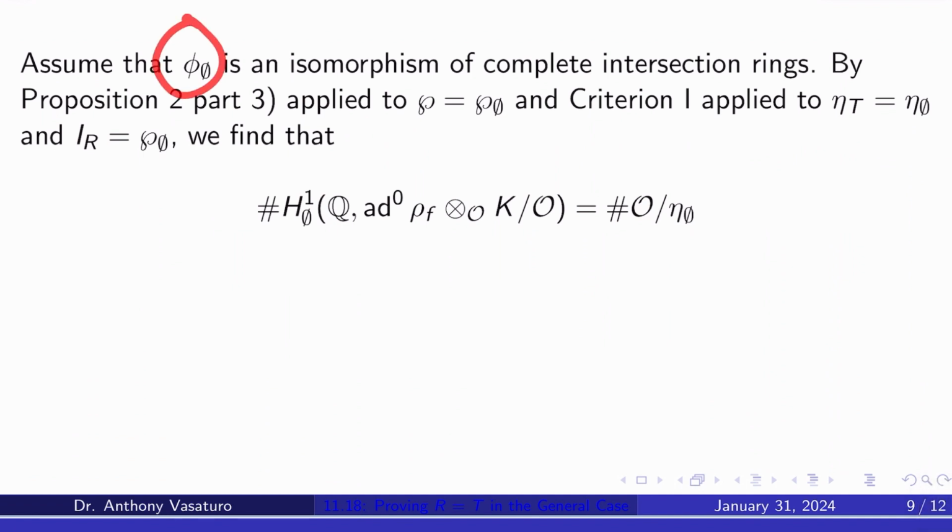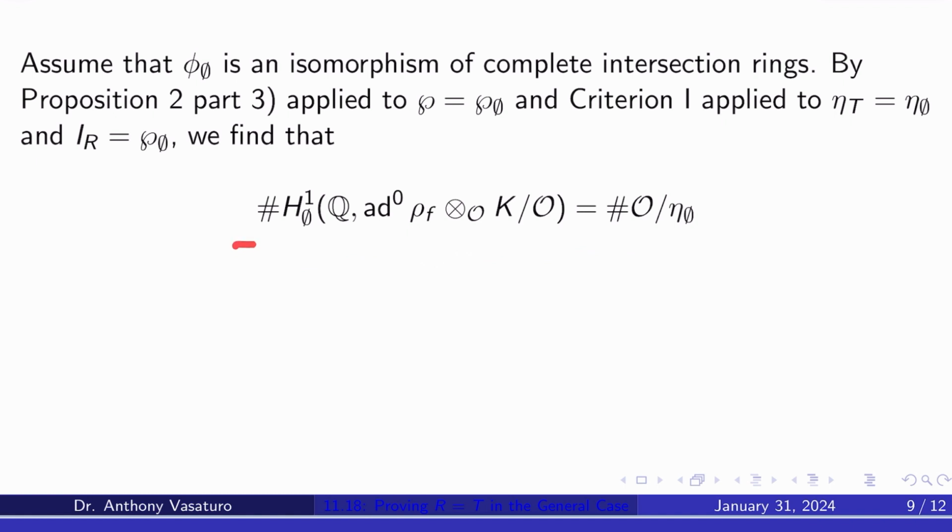Assume that phi sub empty set is an isomorphism of complete intersection rings. In other words, assume R equals T in the minimal case. We're going to show R equals T in the general case. By proposition 2, part 3, which tells us a strong relationship essentially between cotangent spaces and cohomology groups of type sigma, if you apply that to the case where WP is WP sub empty set, and you also apply criterion 1 applied to the case where eta sub t from that criteria is eta sub empty set, and I sub r from that criteria is WP sub empty set, you get the following.